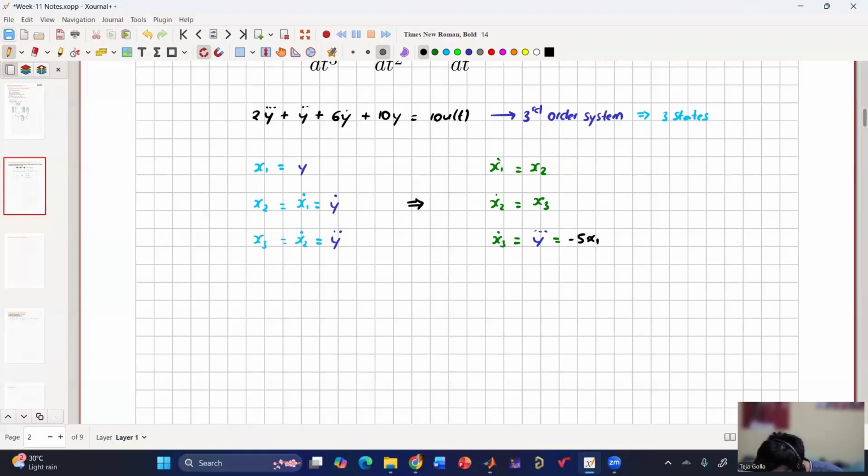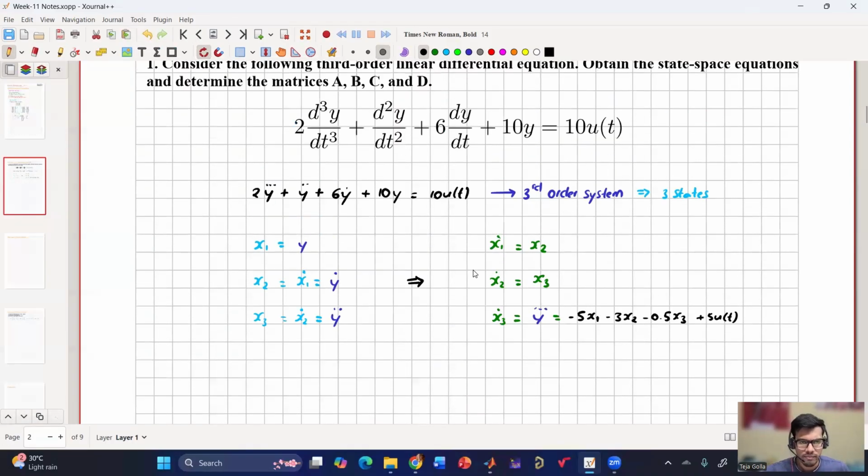So minus 5x1, then minus 3 into y dot, which is x2, then minus 1 by 2, meaning minus 0.5, into y double dot, so it is basically x3. So I'm writing everything in terms of the states x1, x2, x3. And then we also have u of t, which is plus 5 into u of t. So these are the three equations that I'll be getting for the given differential equation.